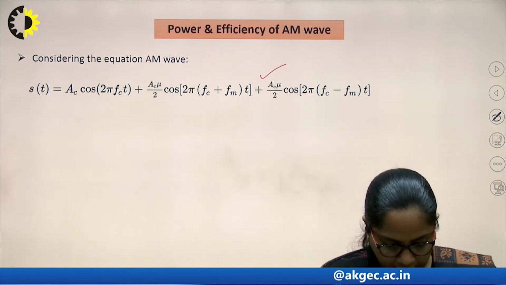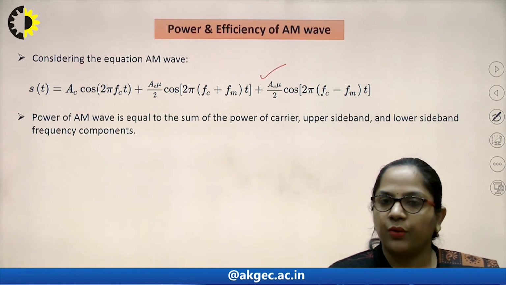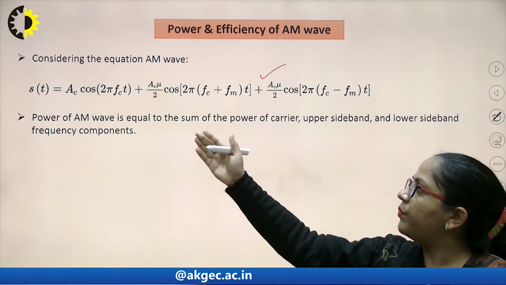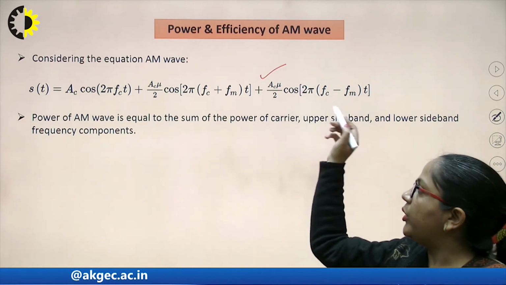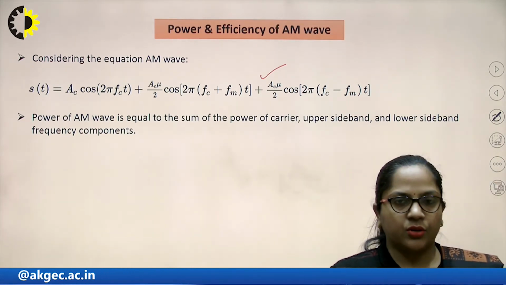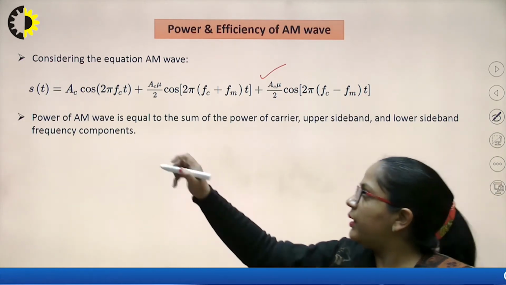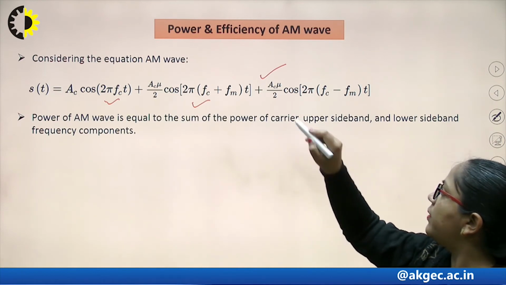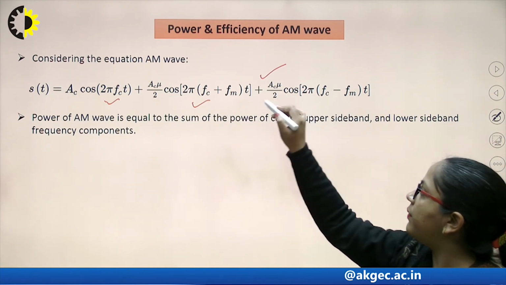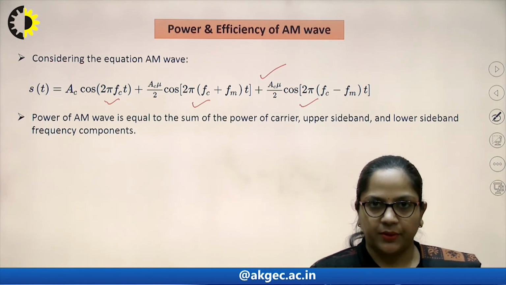We know that power can be calculated with the help of the mathematical expression of this waveform, as this expression includes three different terms. So, the power of the AM wave is equal to the sum of the carrier power, the upper sideband power, and the lower sideband power.